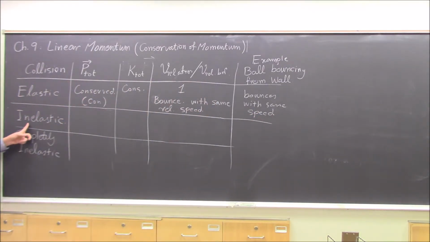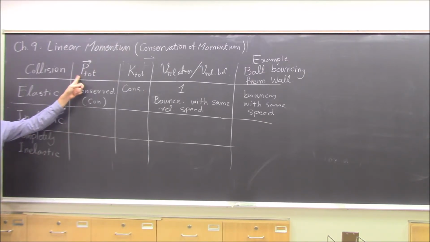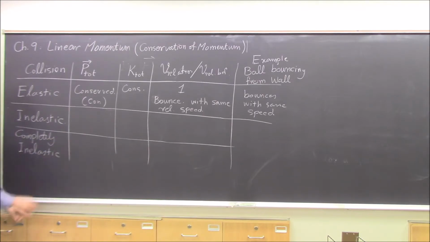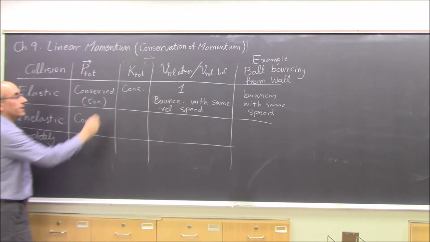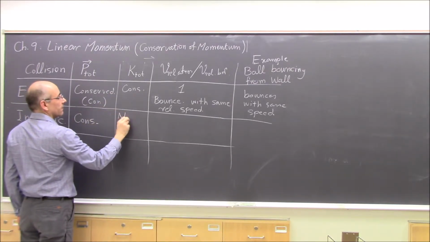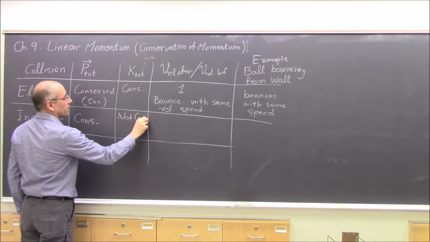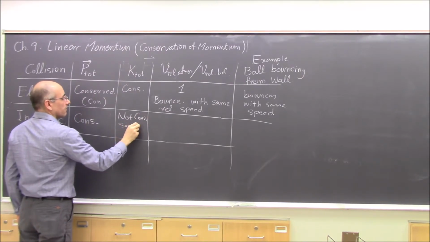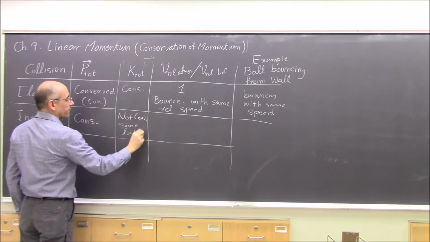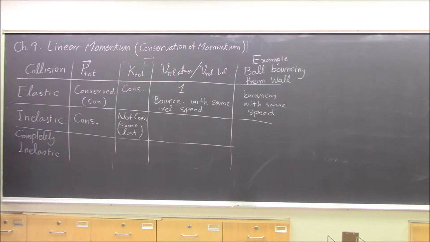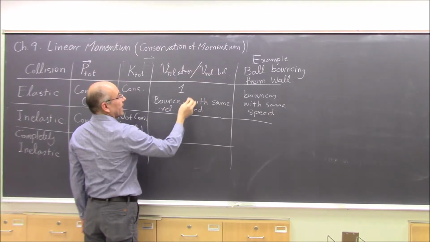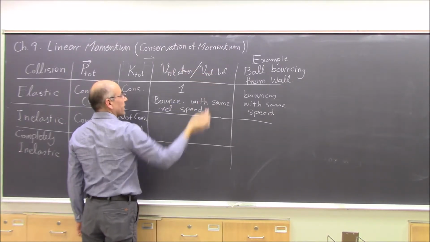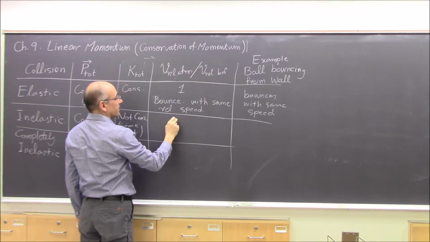Now, what about inelastic? For inelastic collision, total momentum is also conserved, is always conserved, but kinetic energy is not conserved. Some kinetic energy is lost. And then relative velocity after is smaller than before, so the ratio is less than 1.